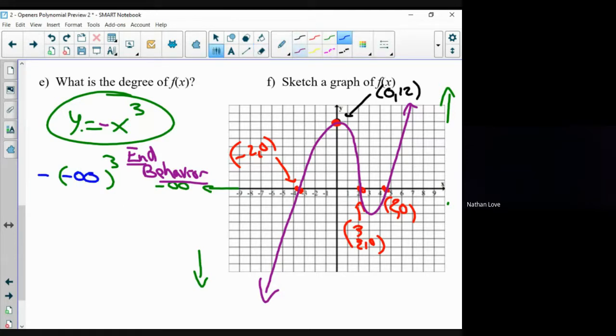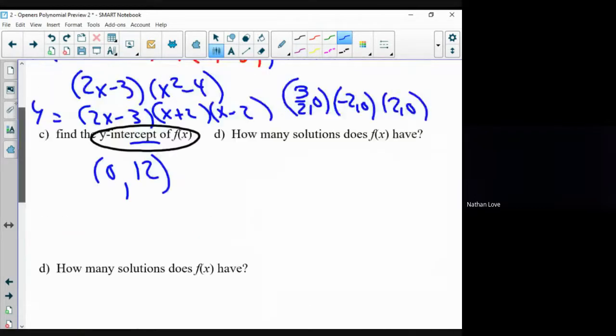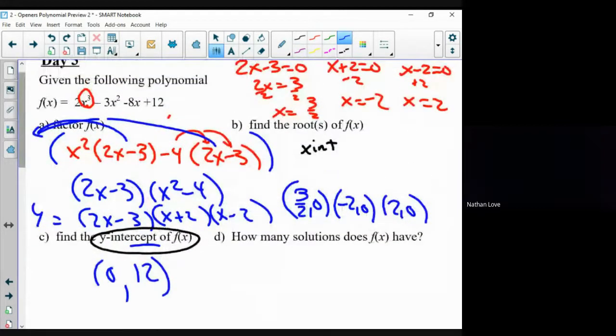That's a reflection over the x. Well, think about this. Negative infinity cubed, as Bella just said, was negative infinity. And then we're going to switch the sign on it. So there's an extra negative, which makes it positive. So now when we go to the left, we're really going up. All right? So your y values are going up. So that sign in the front is going to make the difference on which way the end behavior is going. Okay?